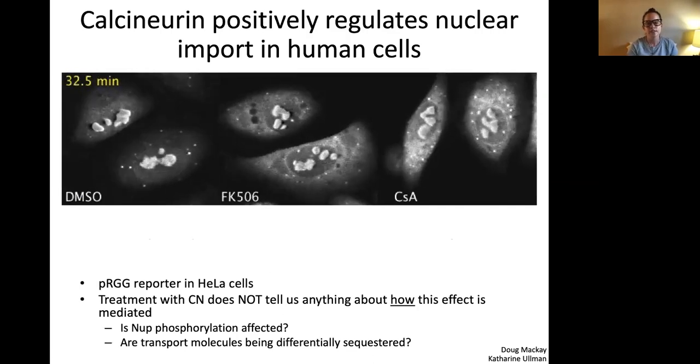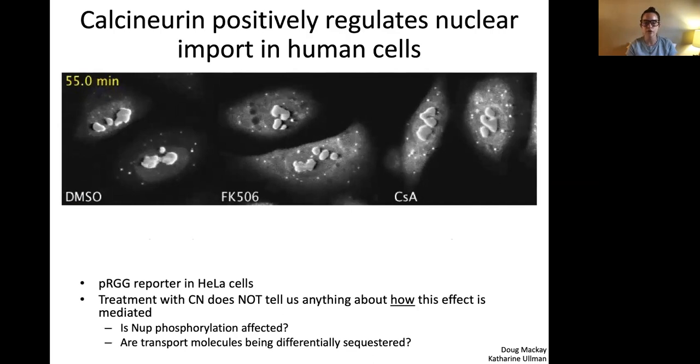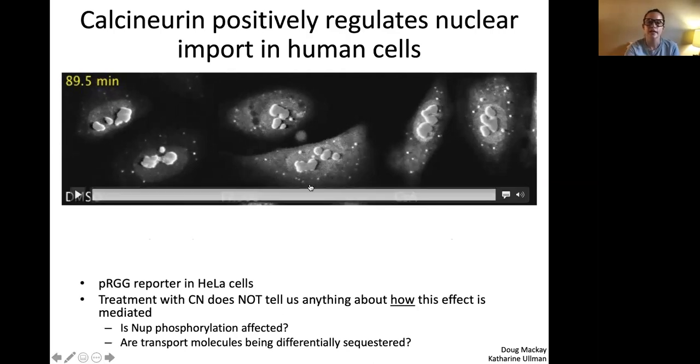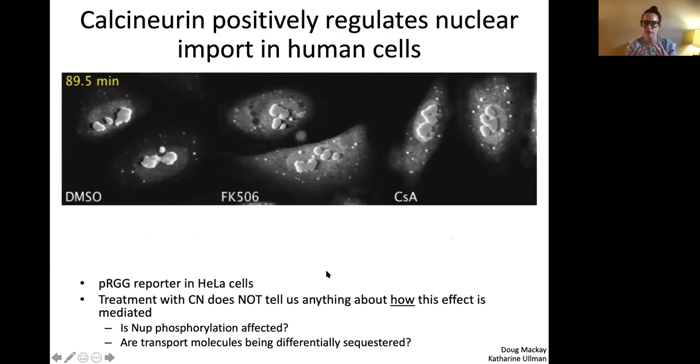And what you can see is that the extent of accumulation of this RGG reporter between the nucleus and the cytoplasm is much higher in the cells treated with calcineurin inhibitors, suggesting that calcineurin typically positively regulates nuclear import, and we've interrupted that by inhibiting calcineurin.